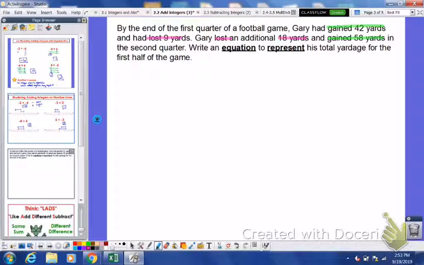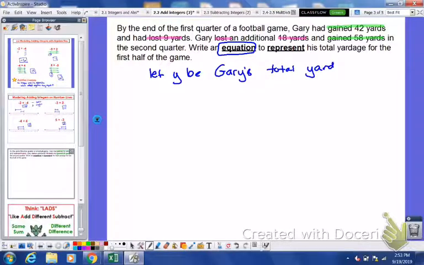Now, writing an equation. Remember, equation, it's underlined there for you, but an equation must have an equal sign. And it's typically going to have an unknown as well. So let y be Gary's total yards. So y equals, he gained 42, gain is a positive.